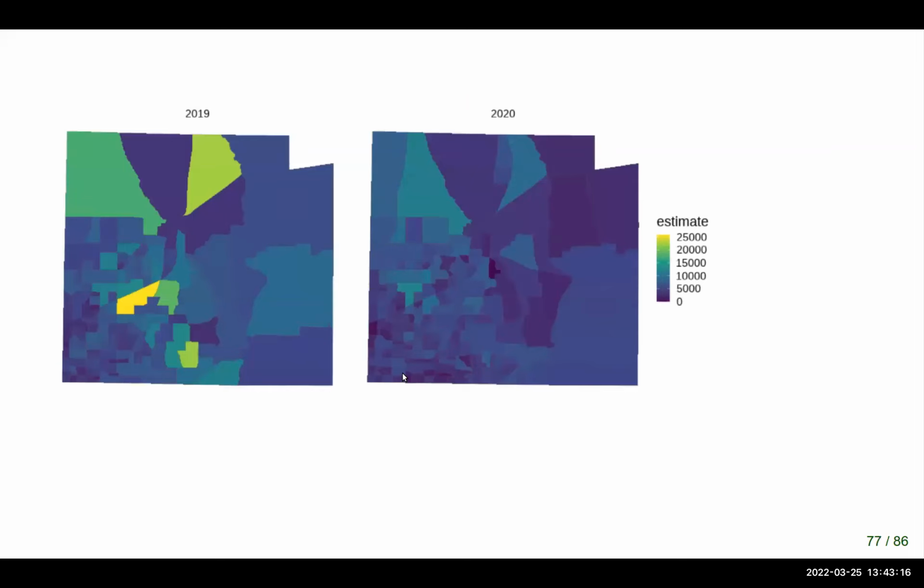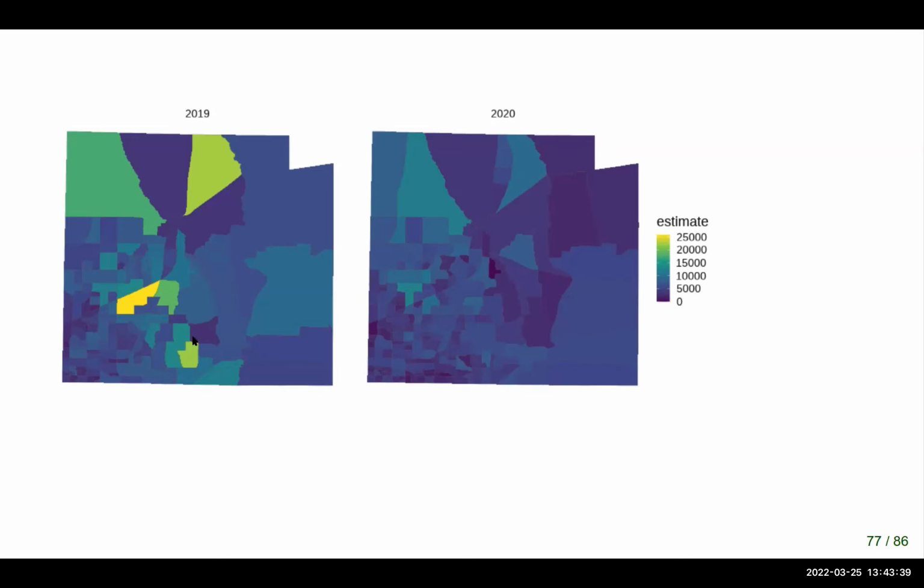So here are tracts by total population in 2019. This is the 2015 to 2019 ACS and the 2016 to 2020 ACS. And so you can see here this bright yellow tract in Collin County. Well, it's been chopped up now into multiple census tracts for the 2016 to 2020 ACS.